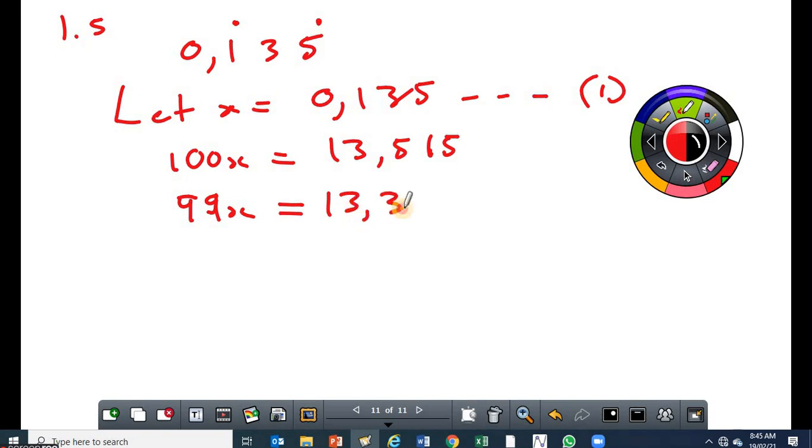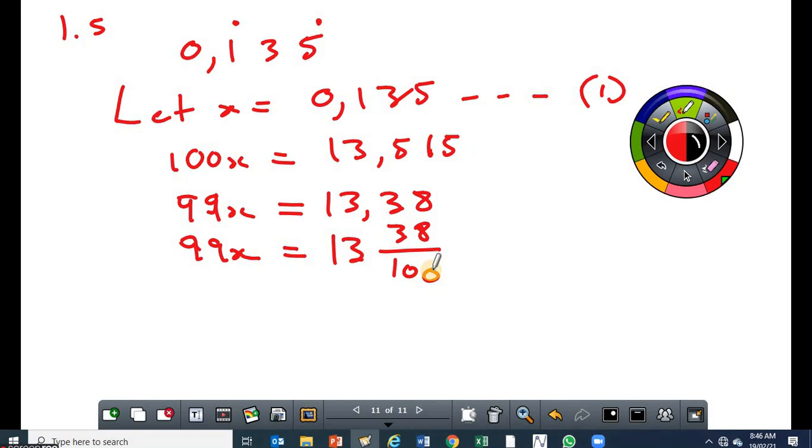So this becomes 380 there, but we can just write the 13.38. But 515 minus 135 gives you 380. Because the 380 is after the comma, we can write it as 38. Then from here we convert that to a common fraction, so that becomes 13 and 38 over 100.